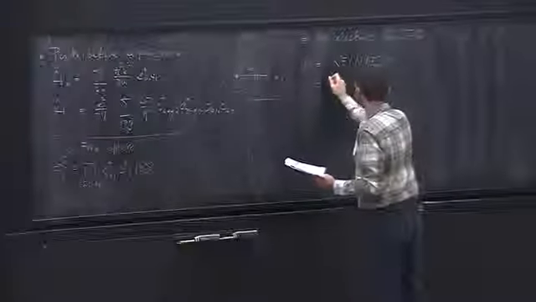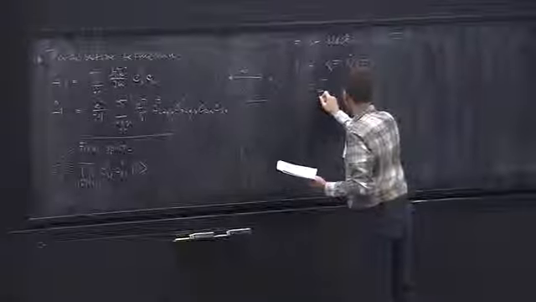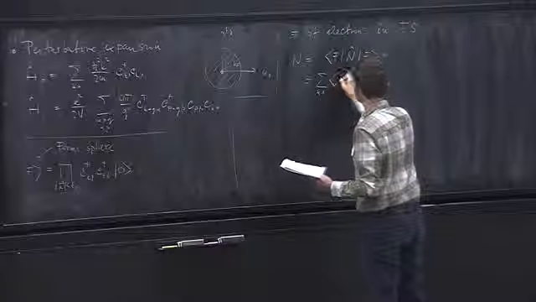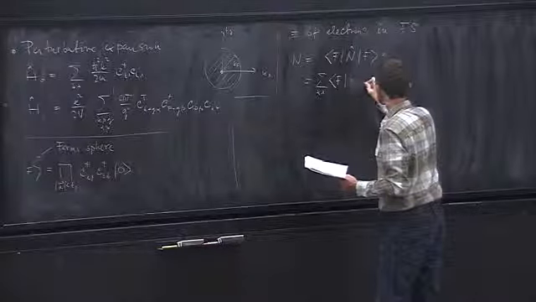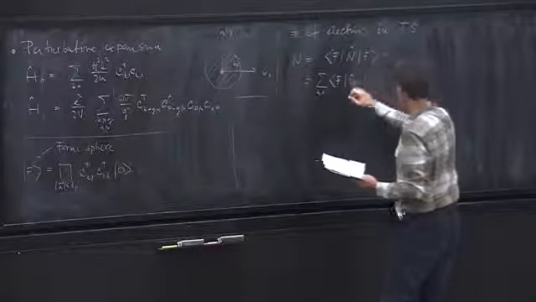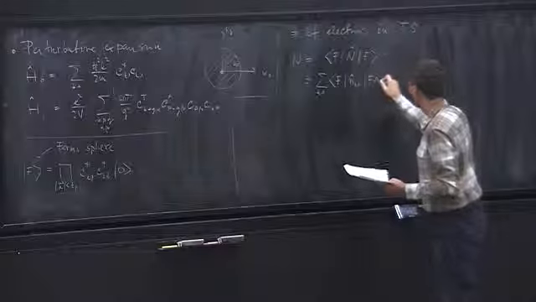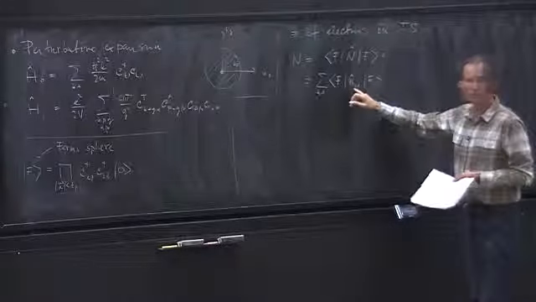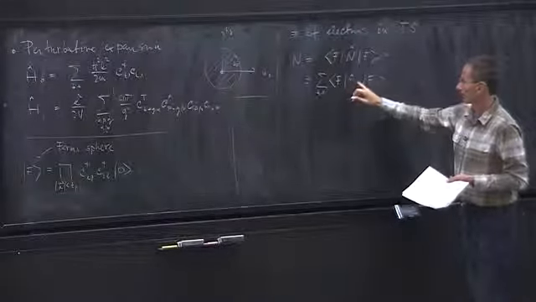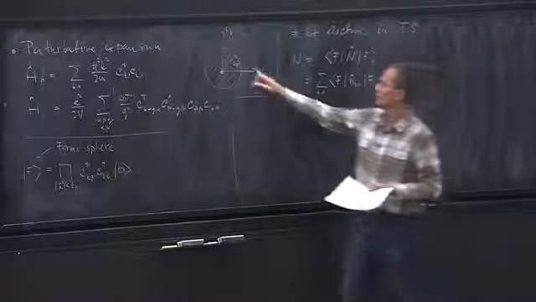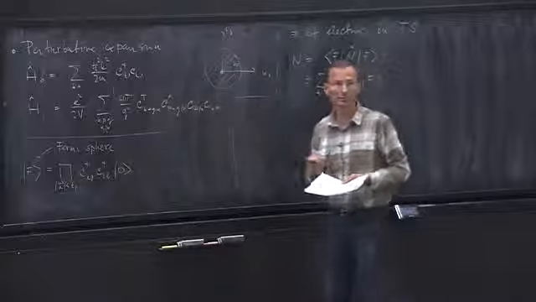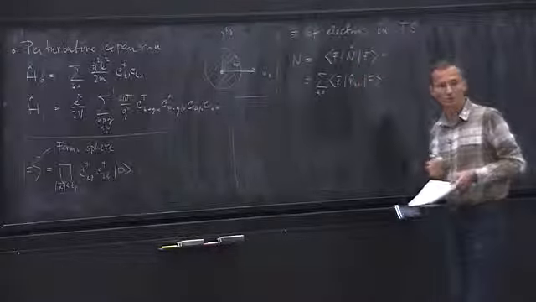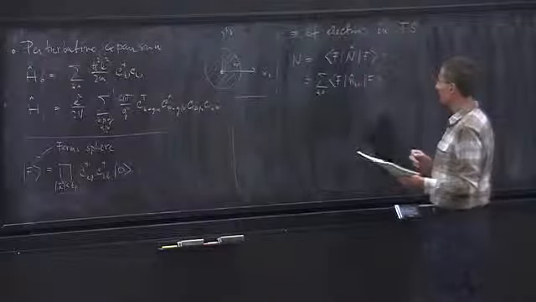We write the number operator as the sum over k and lambda of n k lambda. This is the number operator acting on a given state. And now all that one needs to remember is that this operator gives you 1 when the state is occupied, namely when the momentum is inside this Fermi sphere, and it gives you 0 when the state is empty.